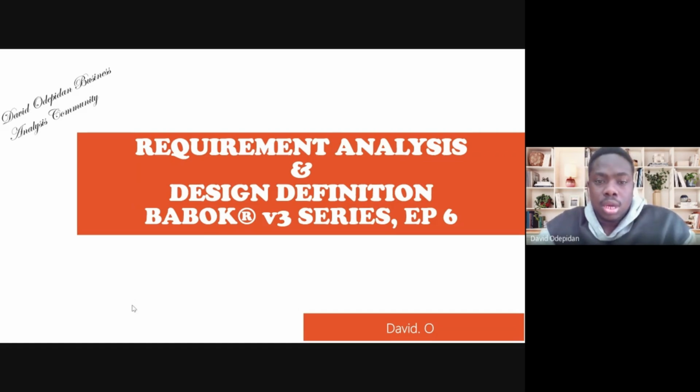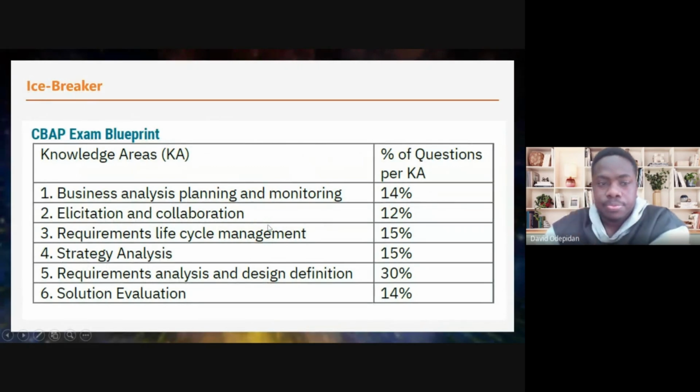Going into today's activity, I have an icebreaker for us. For the CBAP exam blueprint, I felt it was necessary to share this because the main reason why we said we should have this series for BABOK is to give everybody the ability to understand these 6 layers.